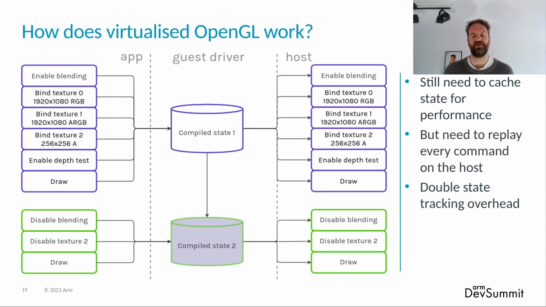So when we go to execute it on the host, we have to kind of unpack this state back out, and we have to walk through and again, line by line, issue a function call to set every single piece of state. You can see the kind of obvious performance ceiling with this.